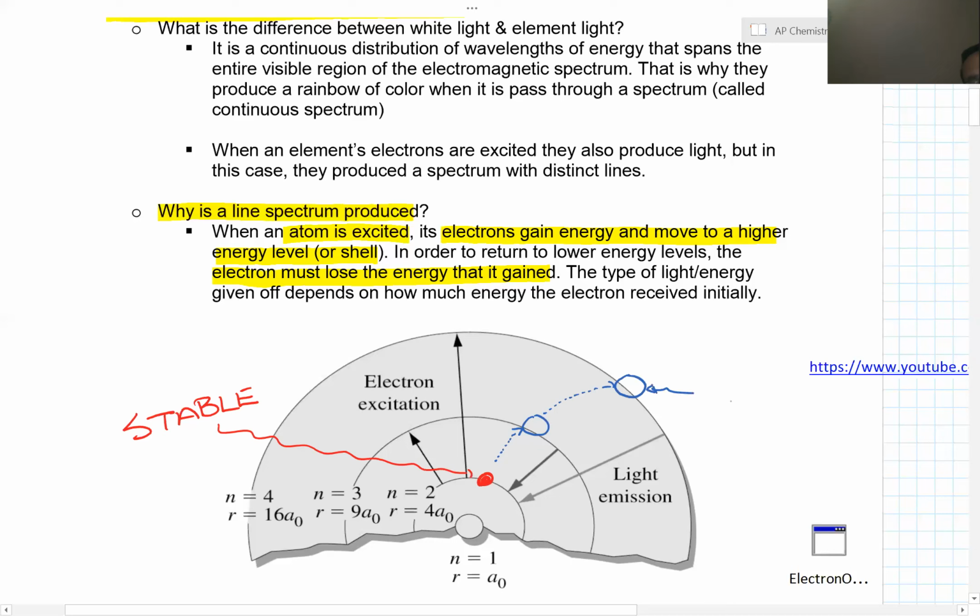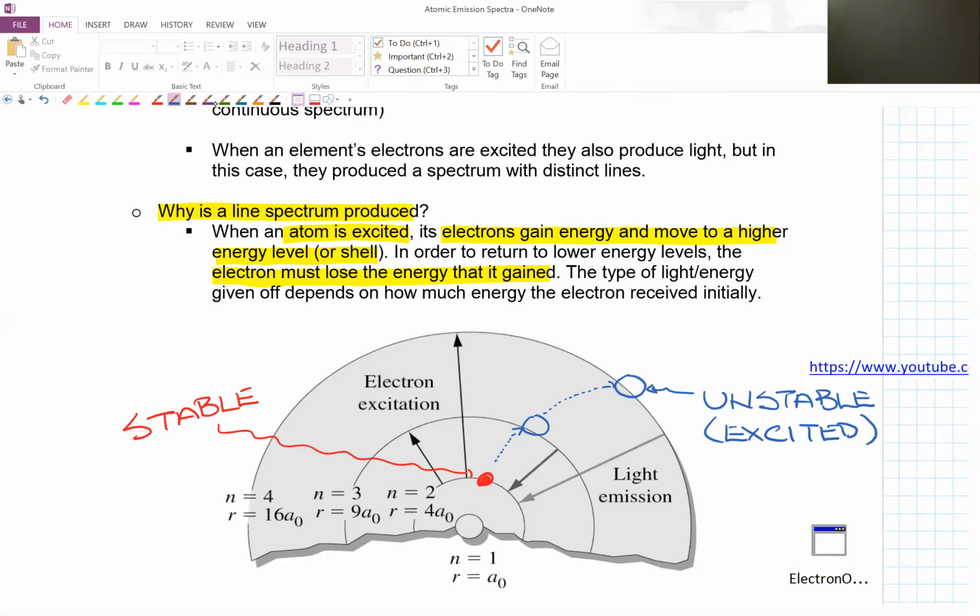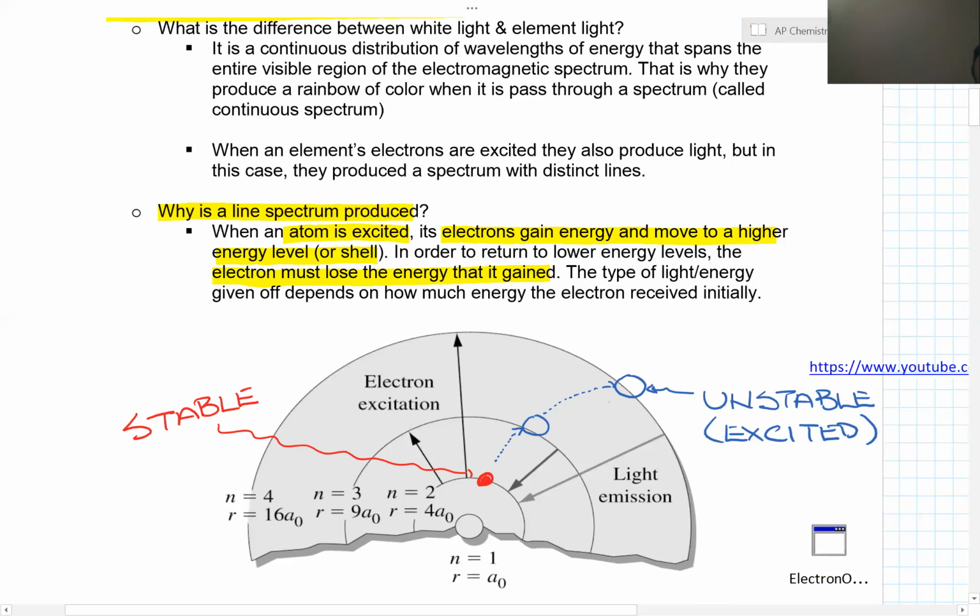At this higher level, it is unstable. We call it excited. It doesn't like to be in this excited state. And so it comes back down to this stable level. And depending on how far it has to come down, that determines the light that's given off.